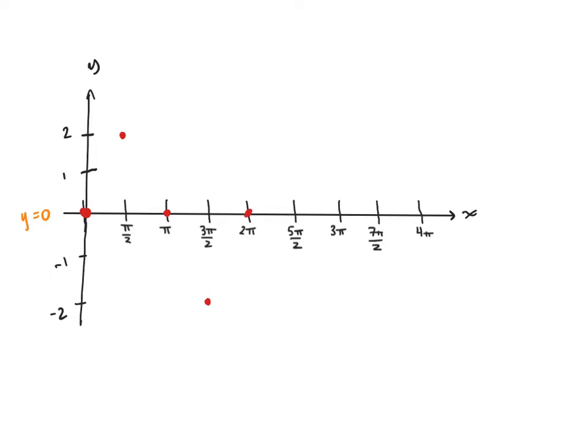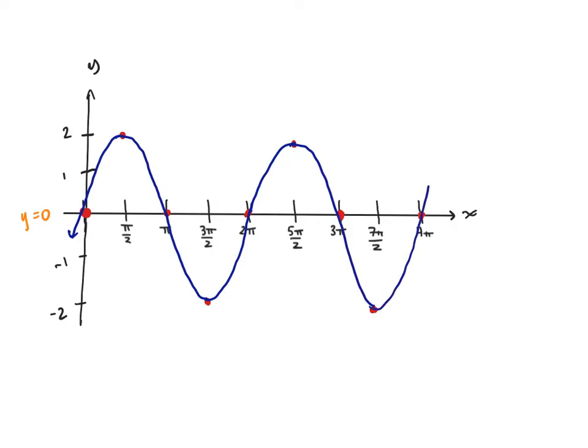So there is one period. No sharp turns on our sine function. And then let's continue on with the pattern. And there is our graph.